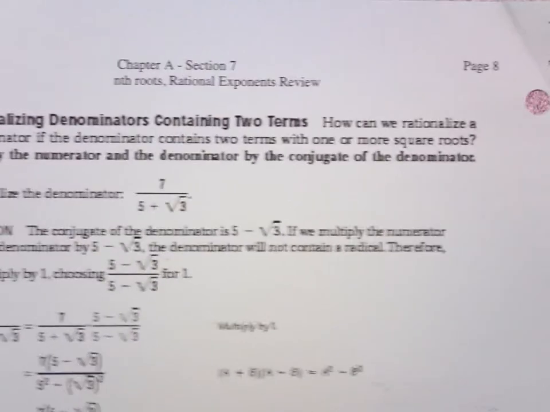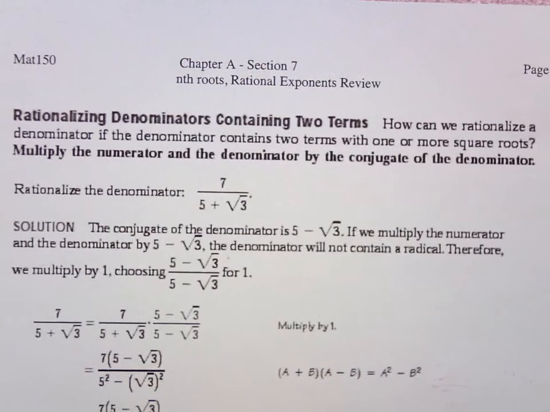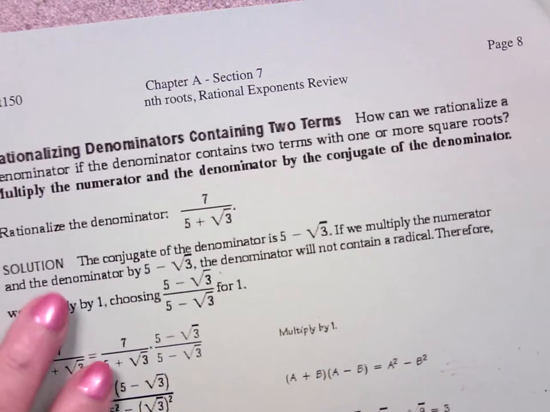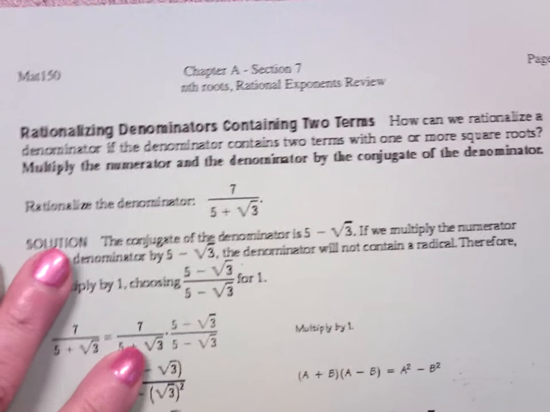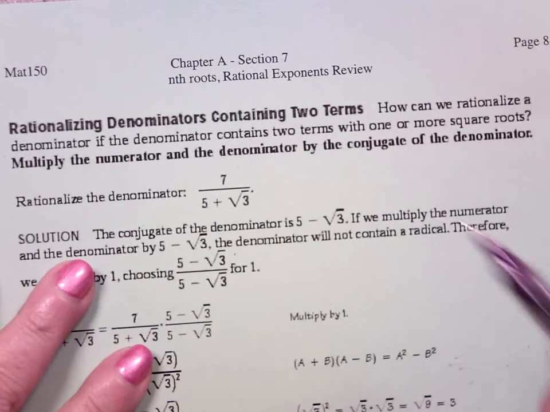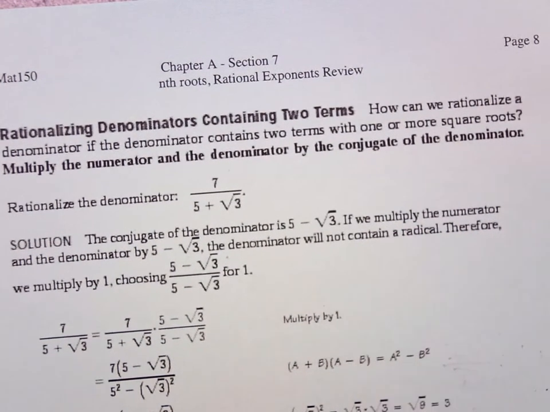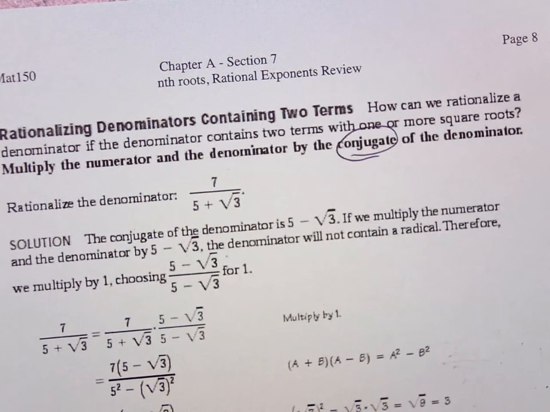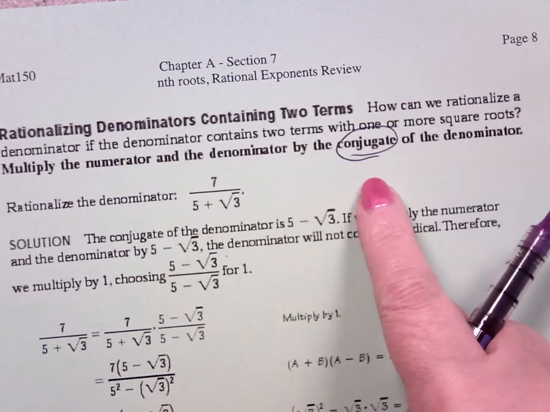Now, if I am dealing with a binomial, which is what we're going to deal with most of the time in terms of rationalizing the denominator, I'm going to multiply, if you remember, by something called the conjugate. It's that same expression with a negative sign in between.